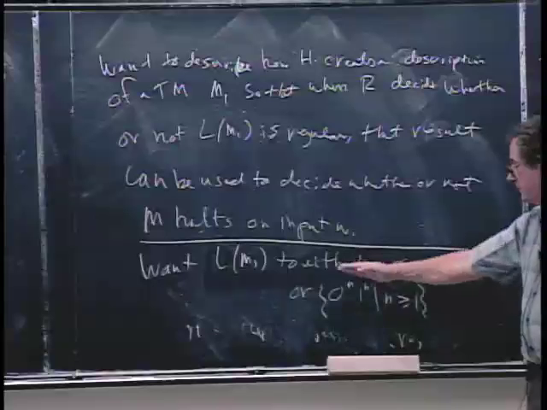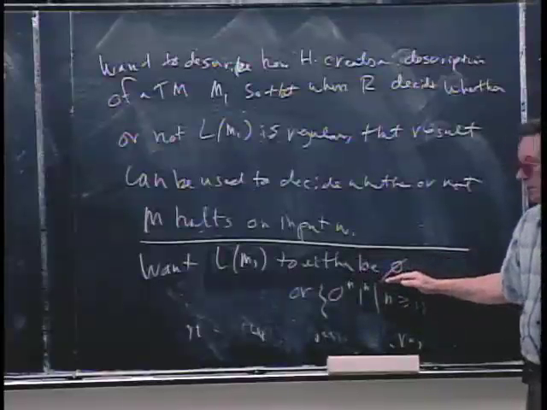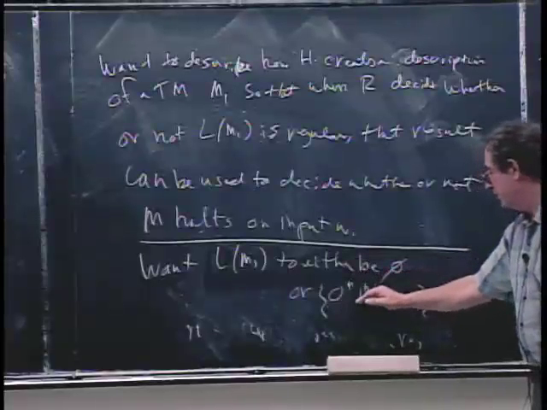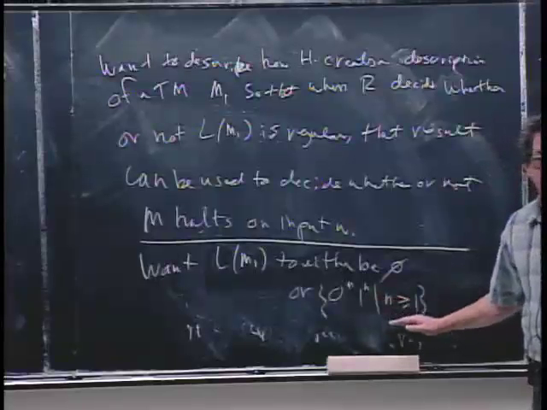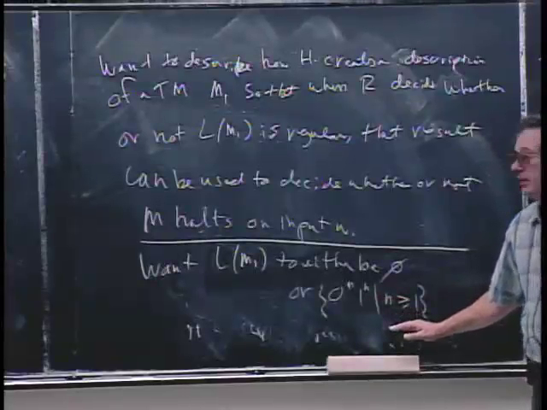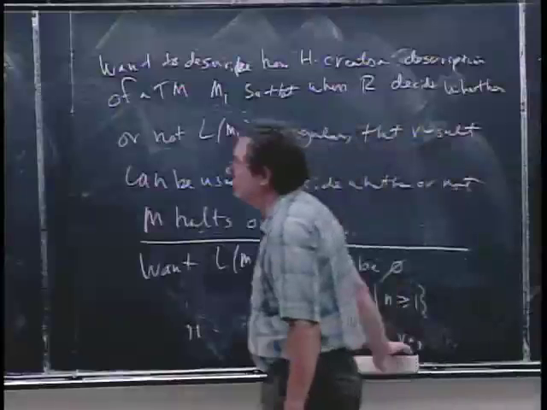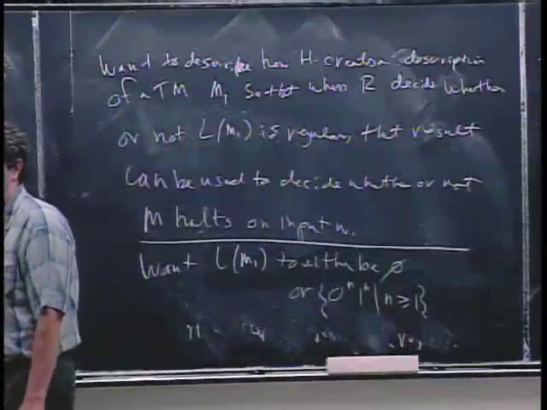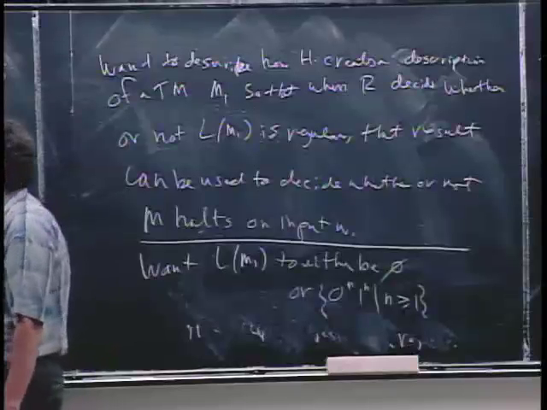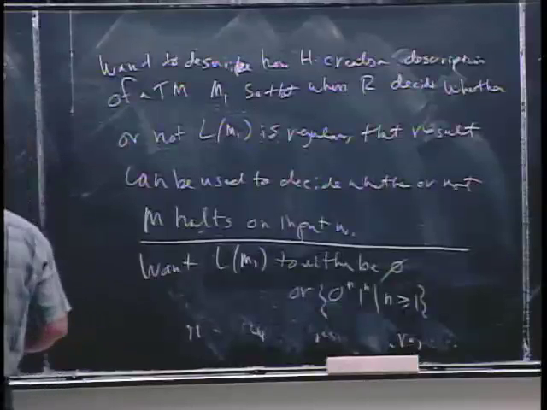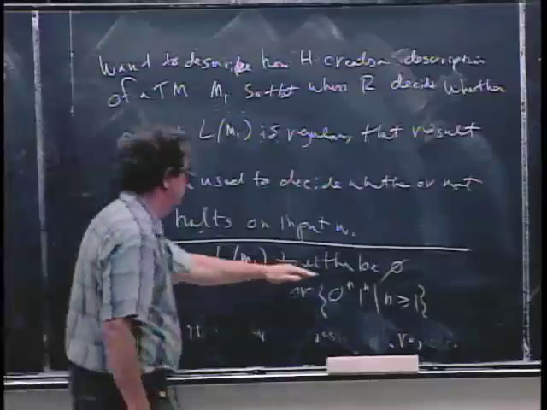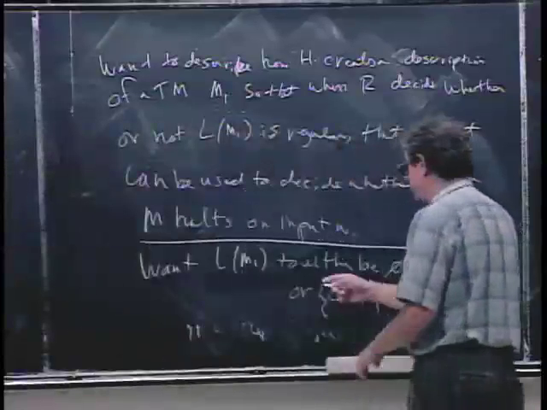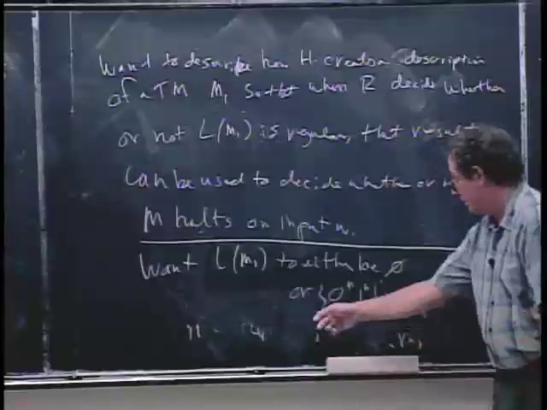So that's a language that's regular. 0^n 1^n, we know that's a language that's not regular. Okay? So based on whether M halts on W or not, we want L of M1 to be the empty language, or we want it to be this one.